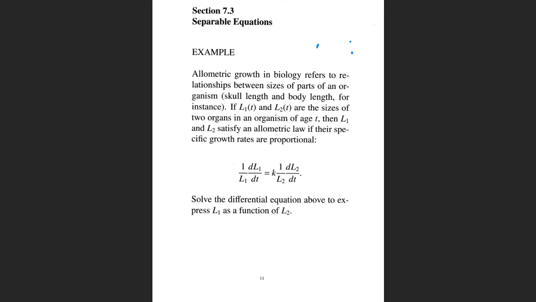Okay, so allometric growth in biology refers to relationships between sizes of parts of an organism, skull length and body length, for instance. How many of you notice that a person that's taller tends to have a bigger head?